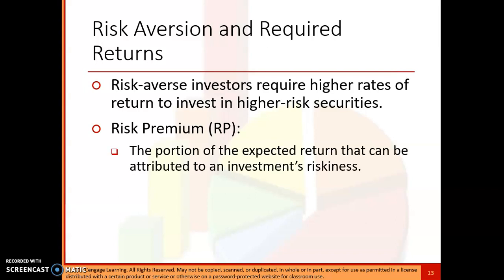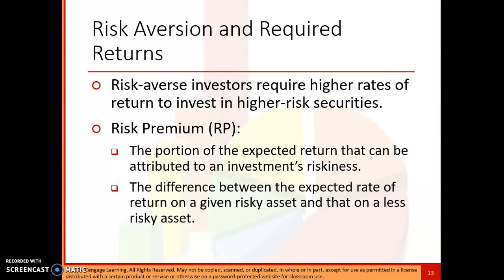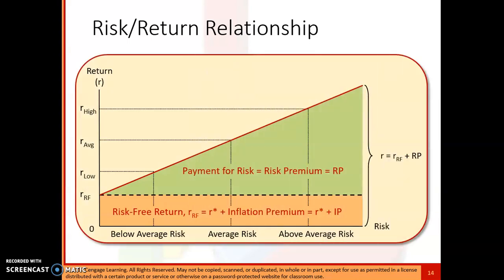Risk premium is the portion of the expected return that can be attributed to the investment's riskiness: the difference between the expected rate of return on a given risky asset and that on a less risky asset. In the homework problems we calculate the expected returns for two different assets and compare them.